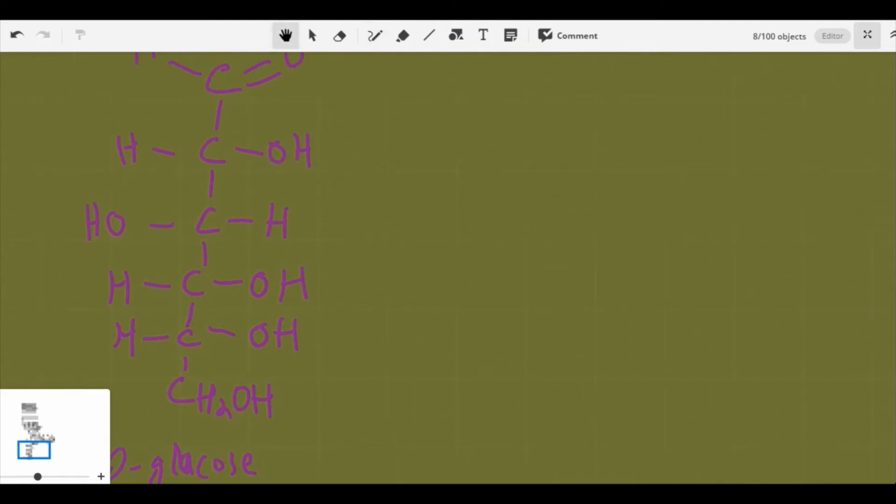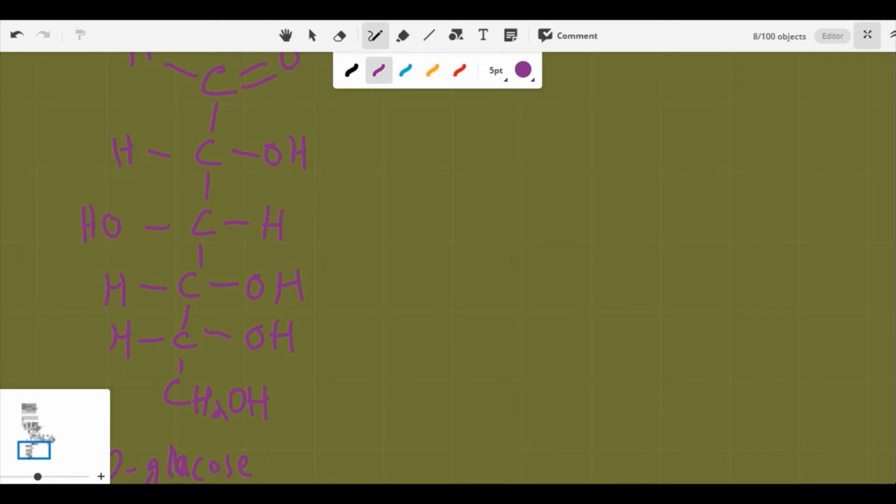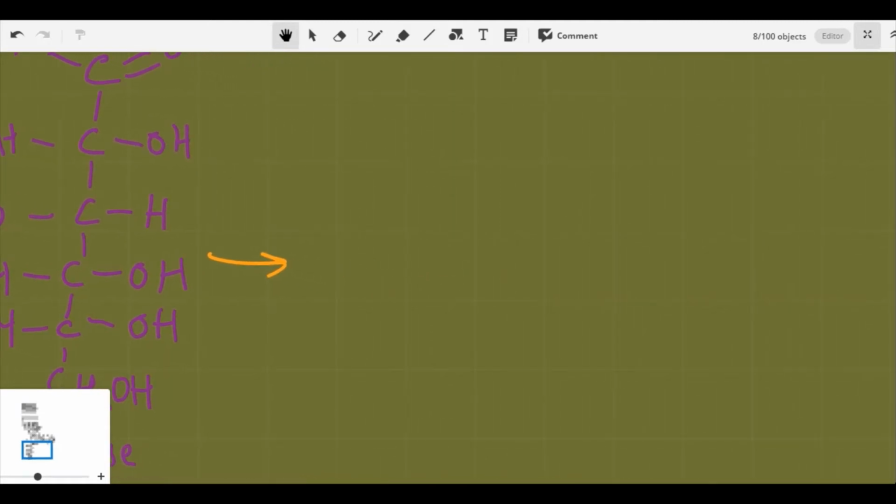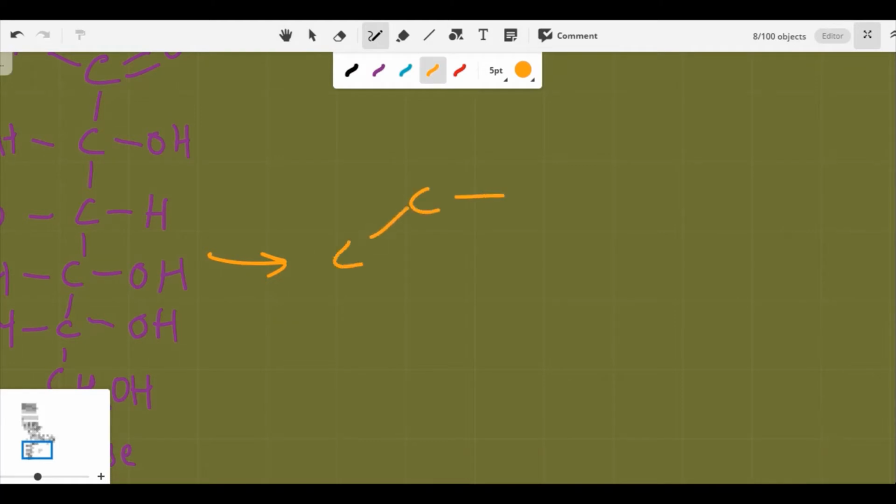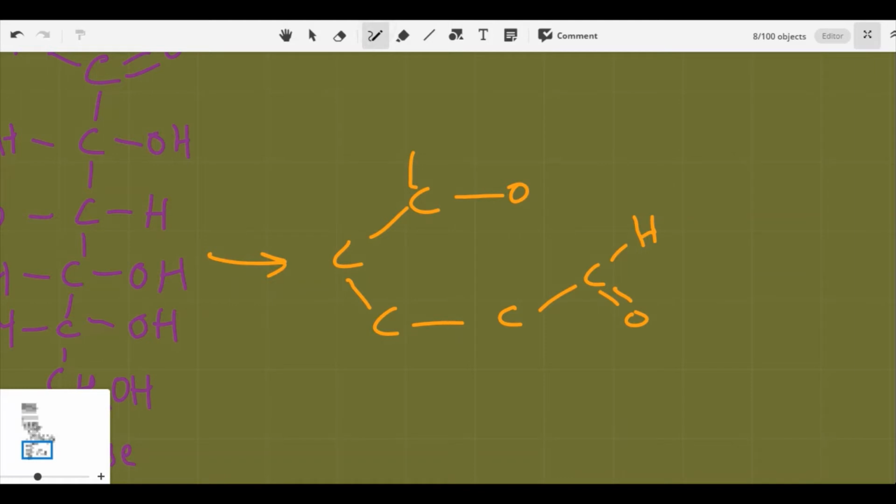Now from here, according to Haworth, that can undergo cyclization. So in the cyclization, I am going to make 1 2 3 4 5, and here is the sixth one.